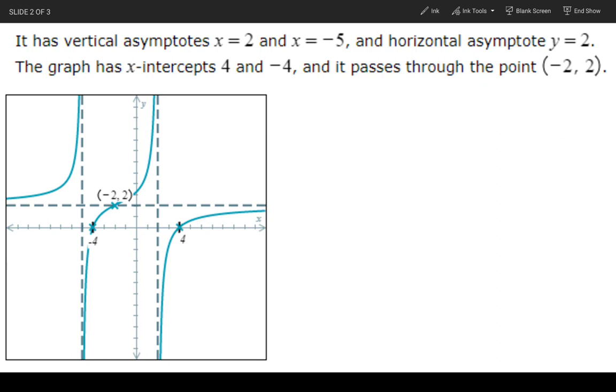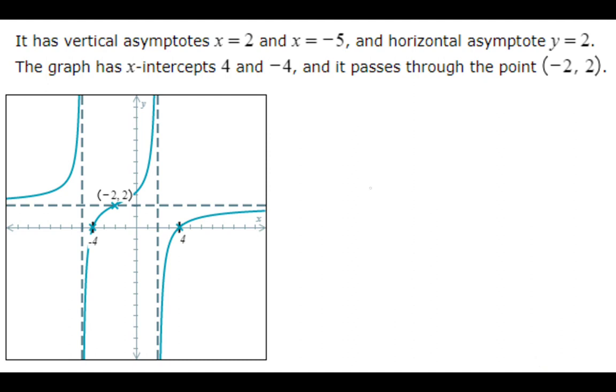Here's what I know. Just by looking at what they've given me, I know right away that for my denominator, I'm just going to focus on that for a moment, it has x minus 2, x plus 5. And I get that from this piece.